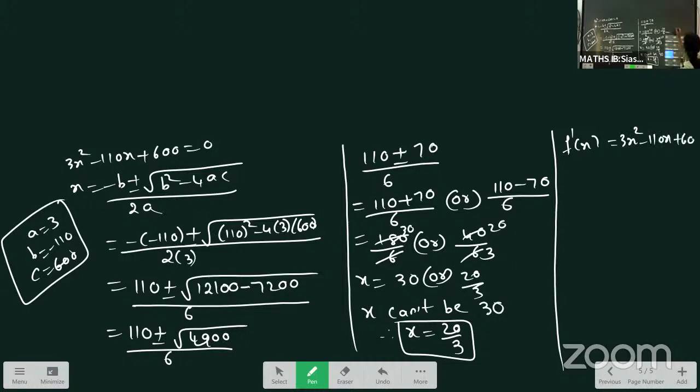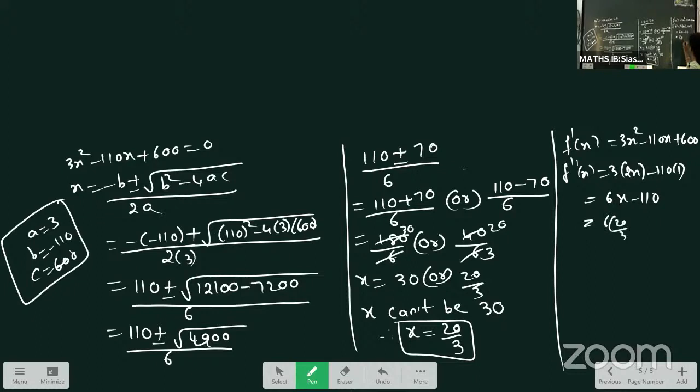So find out f double dash of x. So f double dash of x is equal to 3 into x square derivative 2x minus 110 into 1, 600 derivative is 0. So 6x minus 110.